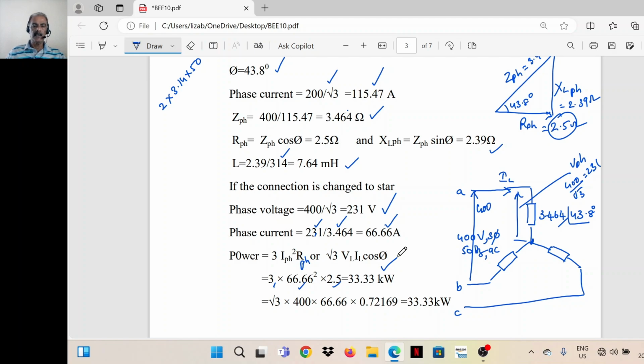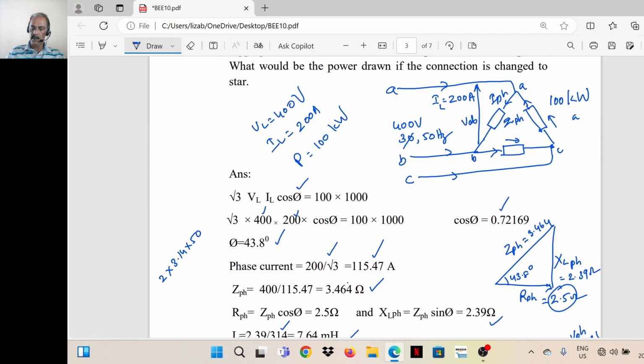Or you can use the equation root 3 VL IL cos phi. Root 3 into VL is 400, and IL is, this is a star connection, so phase current is equal to line current. Both are equal in this case. So IL is also 66.66, into cos phi. Cos phi is 0.72, it is given here.